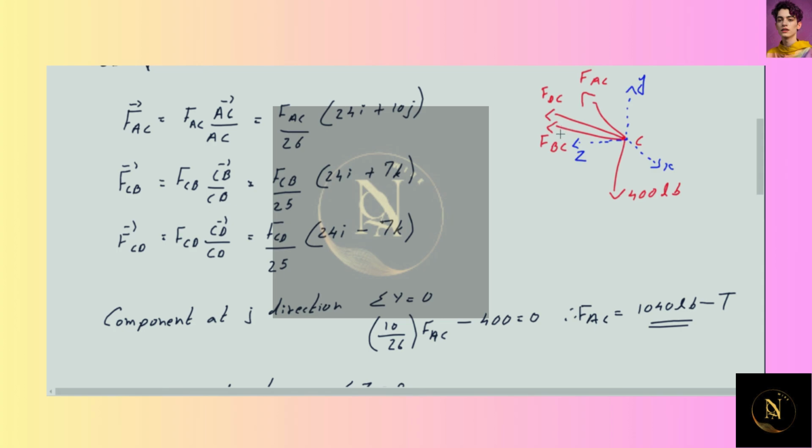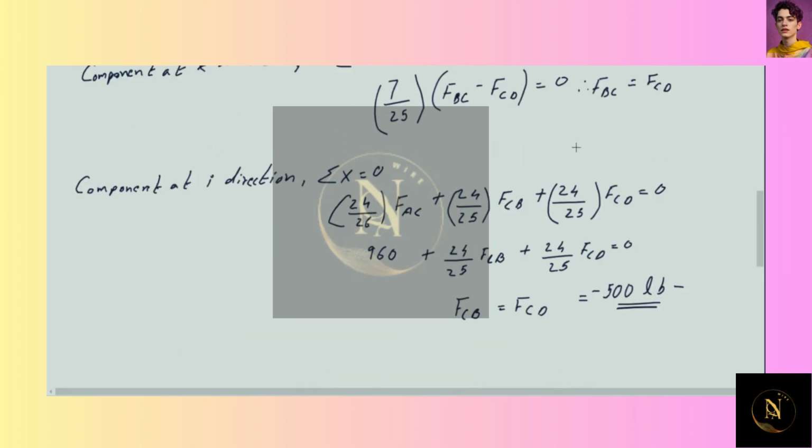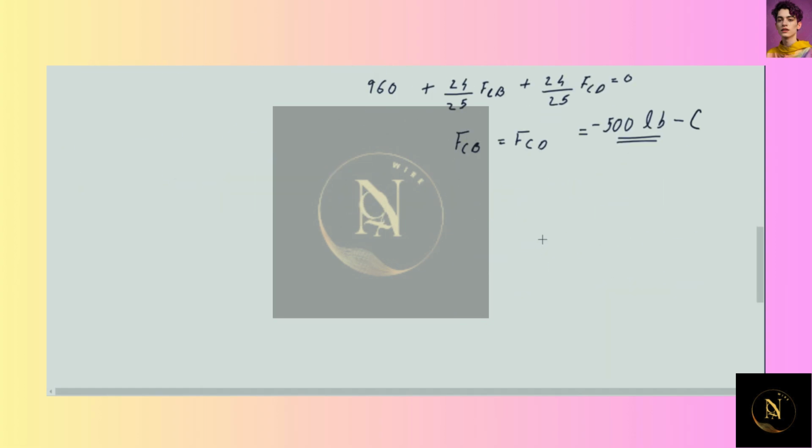So the actual direction creates compression, because it's going inward to point C. Let's denote it by the letter C. Now let's move to the next joint.